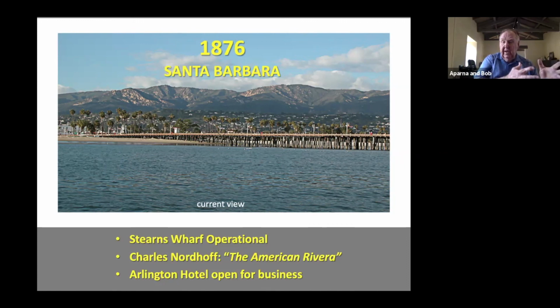You can board the train in the east and go to California and see the mountains and the valleys of Yosemite, the magnificent beaches and bluffs of the California coast. He stepped off the boat onto Stearns Wharf, and he took in our Mediterranean climate, and he said, "This is the American Riviera."